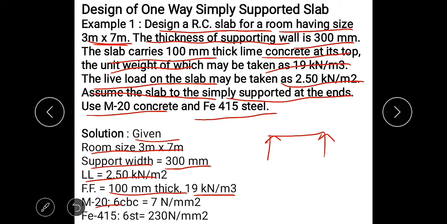For M20 grade, sigma CBC, the permissible stress in concrete, is 7 Newton per mm square. For Fe415 steel, the permissible stress in the tension zone is 230 Newton per mm square.